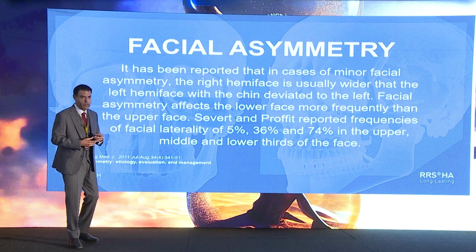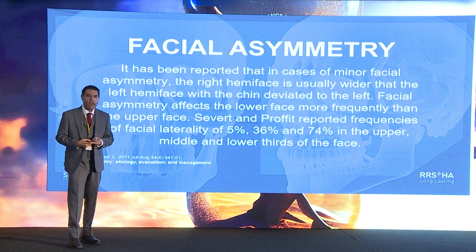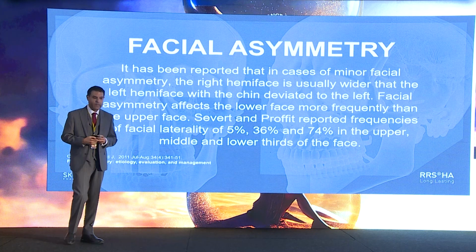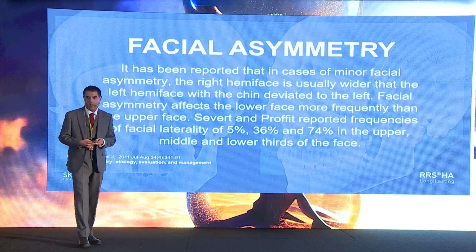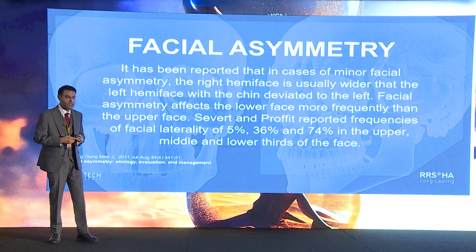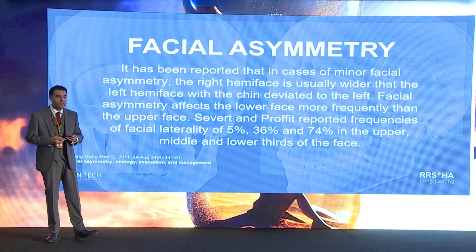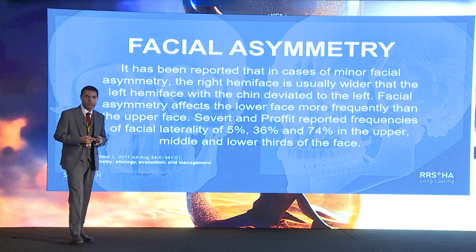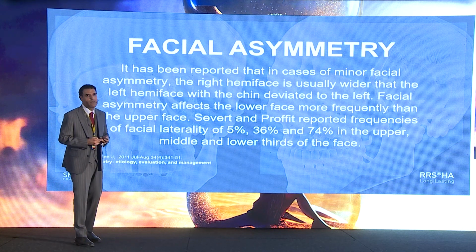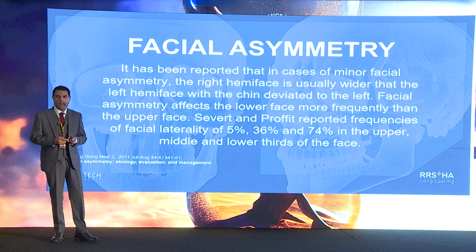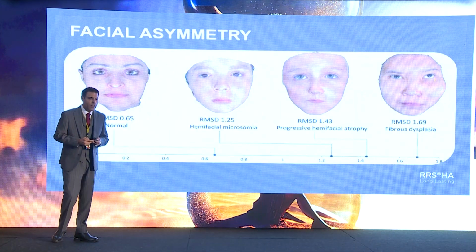Most forms of asymmetry are found when we go much further down in the face. There has been a nice study carried out by Javed and Profit, and that reported frequencies of 5% in the upper face, 36% in the mid face, and 74% of the population studied in the lower face.